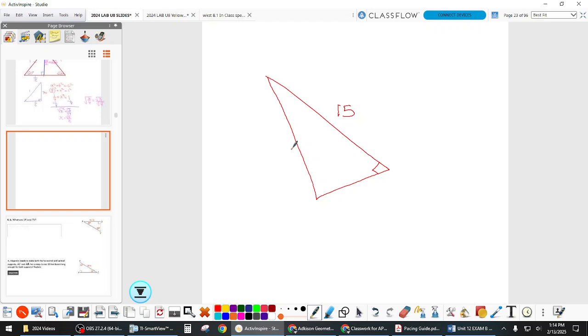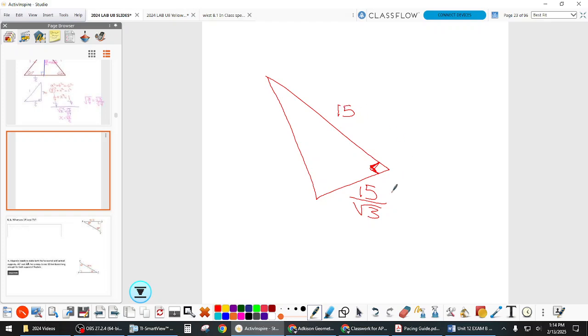Now I'm kind of switching the game on you a little. What should you find? If I want this one, what should you find first? Go to the short one first, okay? So what is the short one? Yeah, no, I know my picture is not great looking, but note that that's the right angle. So this is what? 15 over root 3. Okay?